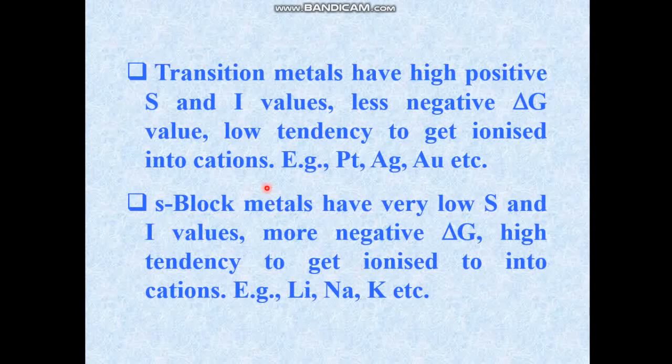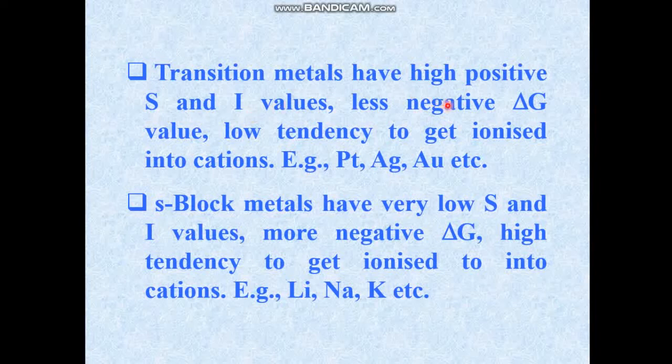Now, during calculation of delta G, we found that delta G is a function of S, I and H. In the case of the transition metals, they have high positive heat of atomization or heat of sublimation and high ionization energy values.